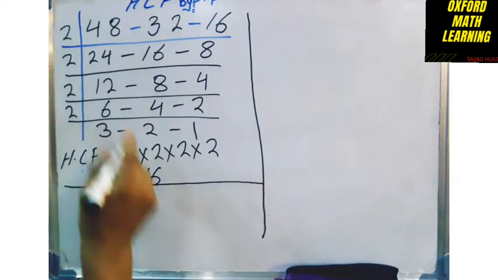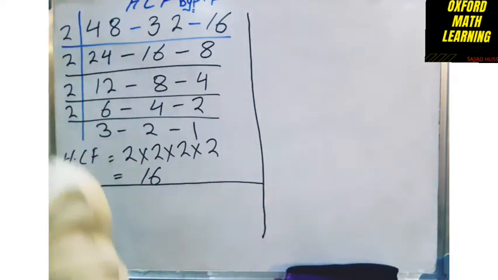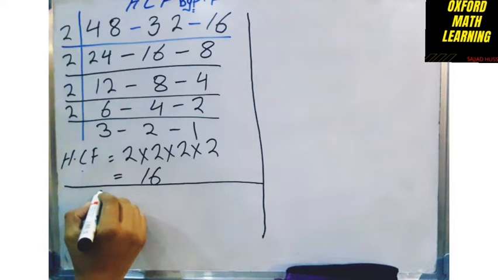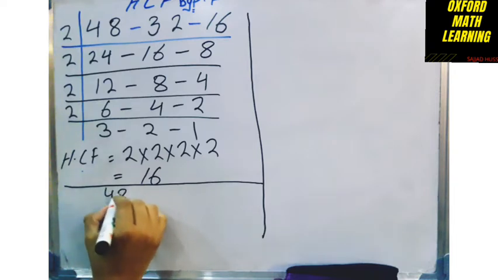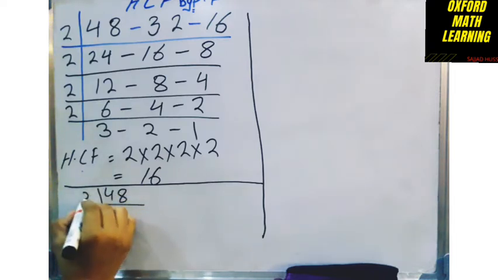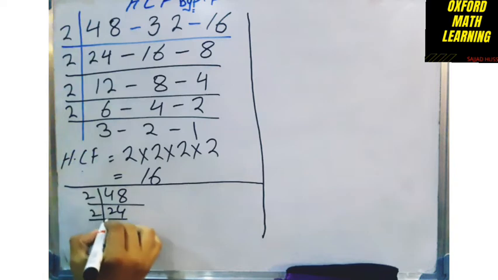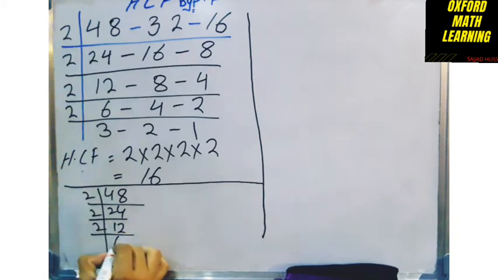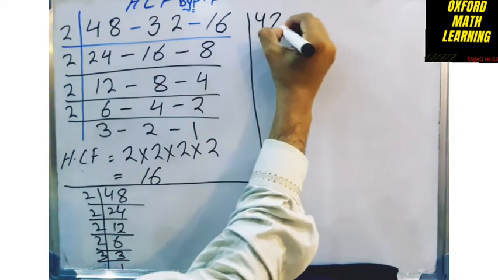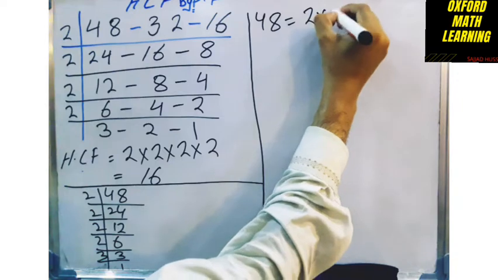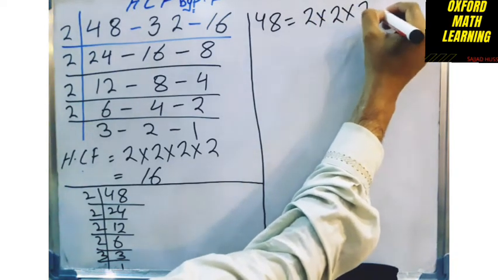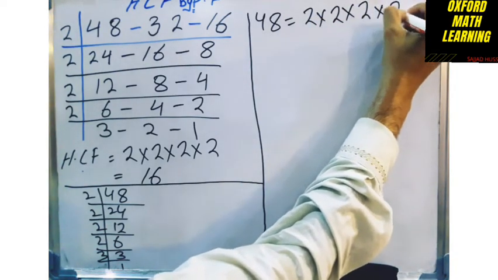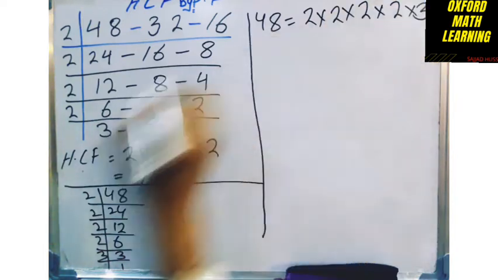The second method is we can make prime factors separately, like 48. 2 24s are 48, 2 12s are 24, 2 6s are 12, 2 3s are 6 and 3 1s are 3. So the factors of 48 are 2 into 2 into 2 into 2 into 3.